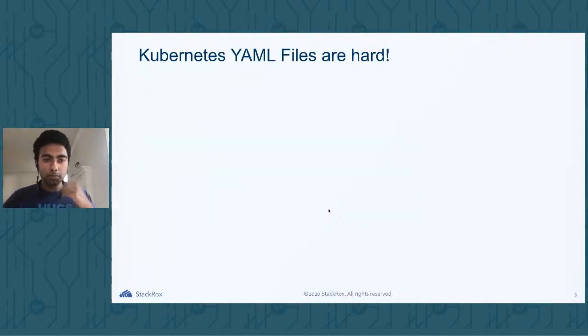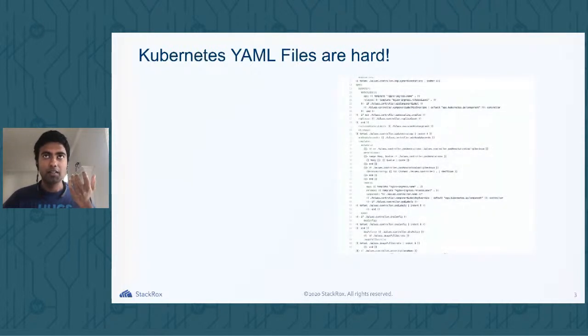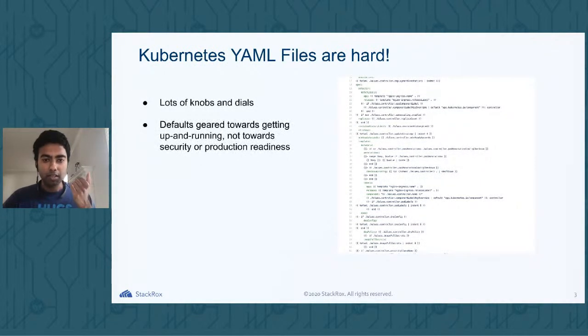So the problem that KubeLinter is solving is that Kubernetes YAML files are hard to configure because they have a lot of knobs and dials, and even when you get things up and running, you realize that you're not actually ready to run things in production because the defaults are often geared towards helping you get up and running, or sometimes towards maintaining backward compatibility with earlier versions of Kubernetes that did not have certain security features.